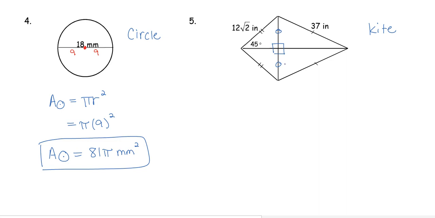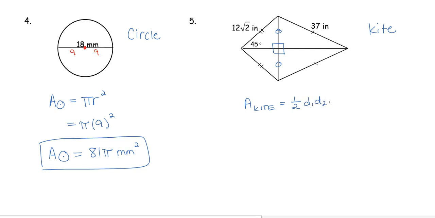So just some knowledge that we have to remember. Because this is a kite, we look through our formula sheet and we see that the area formula for a kite is going to be 1/2 times diagonal 1 times diagonal 2.